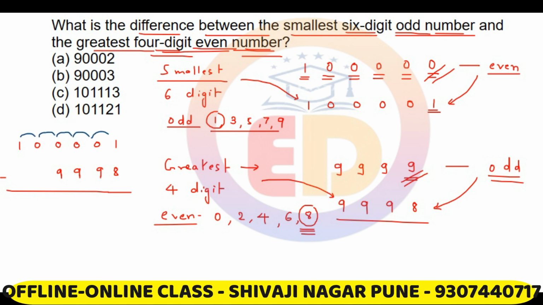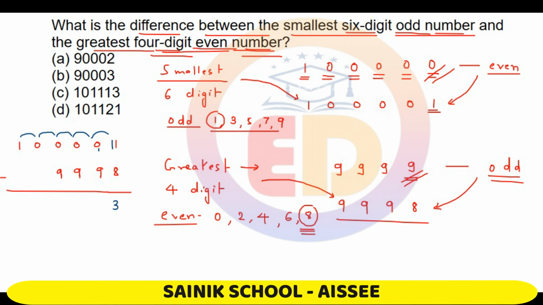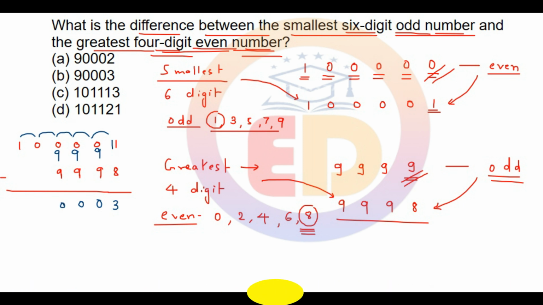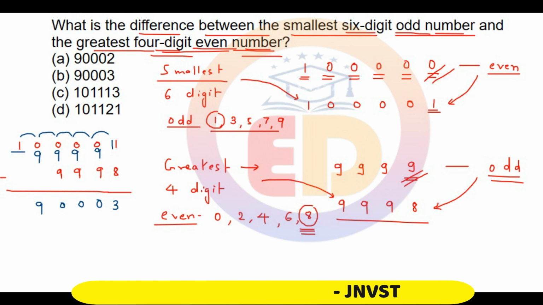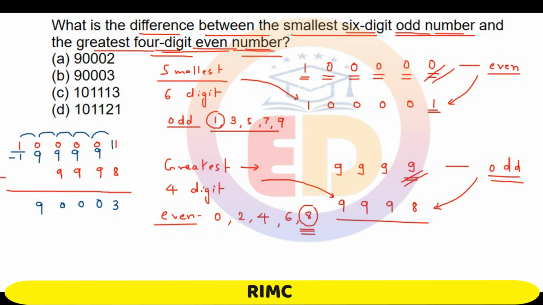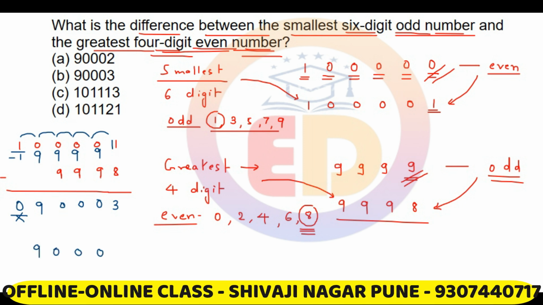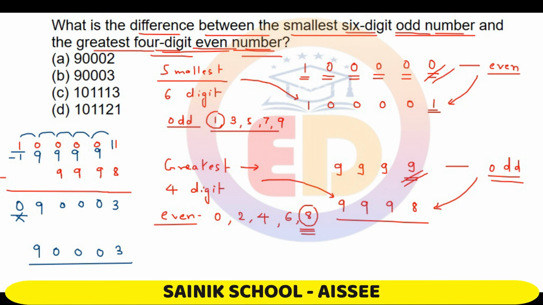This 1 will become 11 minus 8. This will give me 3. Then 9 minus 9, 0. 9 minus 9, 0. This will also become 9. And this 1 will be subtracted by 1, so it will become 0. I am not writing it here. My answer is 90,003, which is option number B.